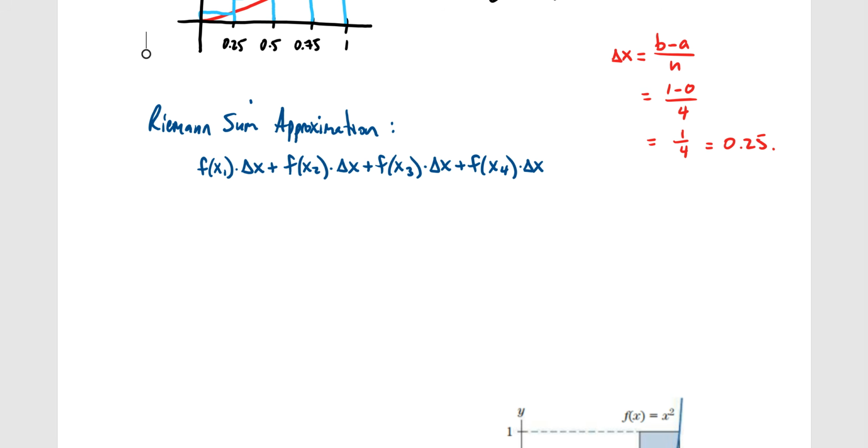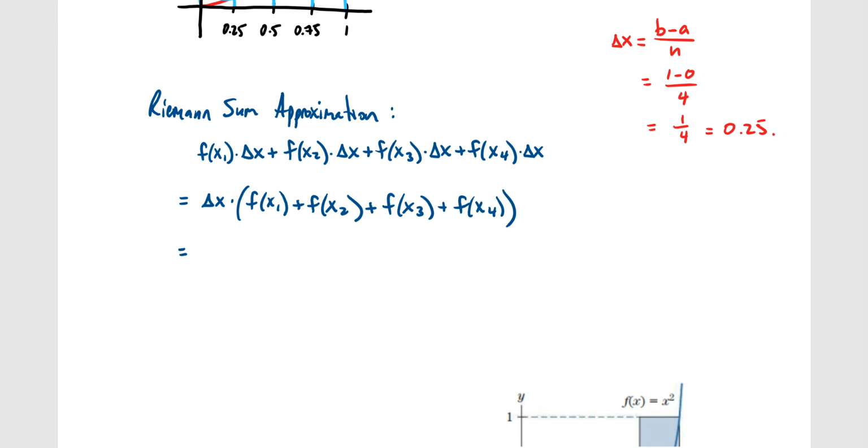And what I'm going to do now is I'm going to factor out that delta x. So we're going to factor that out. That leaves us with f of x1 plus f of x2 plus f of x3 plus f of x4. And let's actually plug in everything that we know so far.